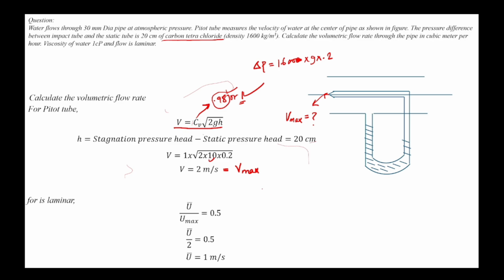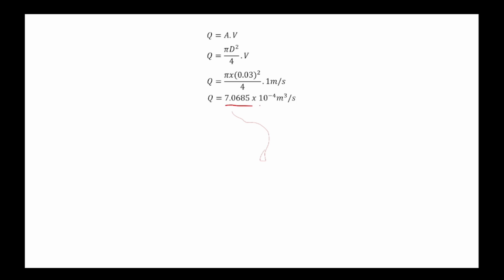Q is equal to area of cross section into average velocity, right? So we have to calculate the average velocity. For laminar flow, this is the formula. We will get V average as 1 meter per second. Then we get Q equal to this, in meter cube per second.